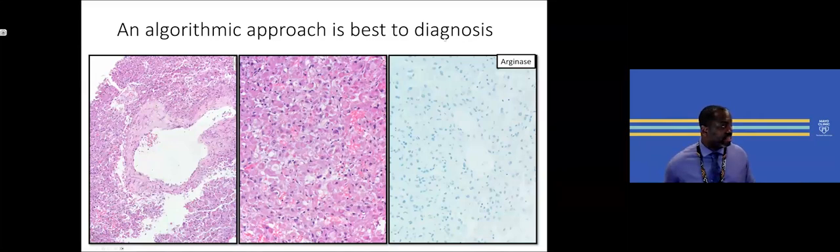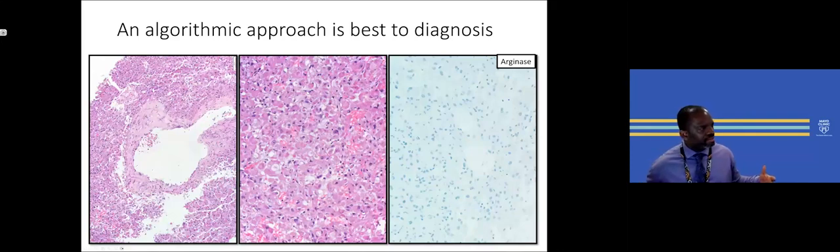Here's a case that I received in consultation, a middle-aged patient with a solitary liver lesion. You can see unpaired vessels present here, vessels not within a portal tract. I think this microscopic field is really the giveaway in this particular case. You can see abundant eosinophilic cytoplasm, sometimes pushing the nucleus to the periphery.